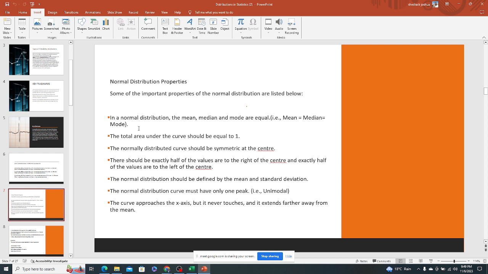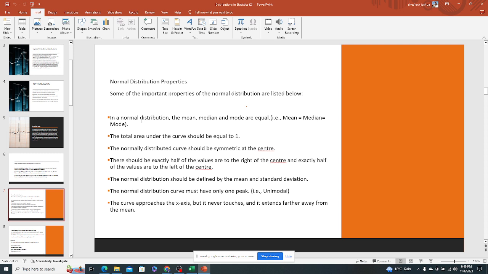Okay, so we also have now the normal distribution properties. We have some properties for normal distribution. Not all normal distributions are perfect distributions.